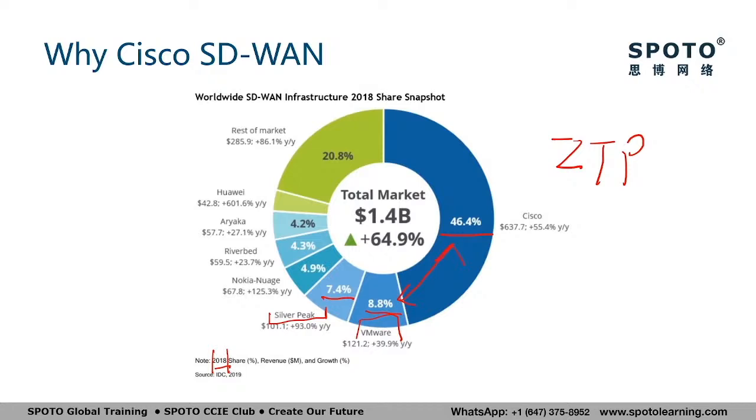So Cisco's SD-WAN is developed by a company called Viptela, which was founded by former Cisco employees. And Cisco completed its acquisition of Viptela on the 1st of August 2017.